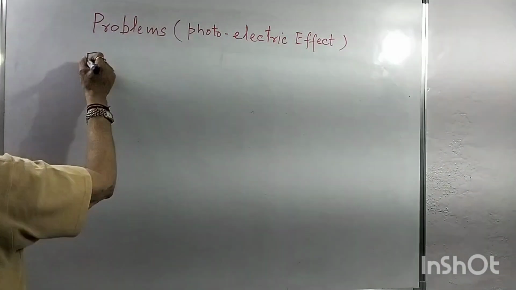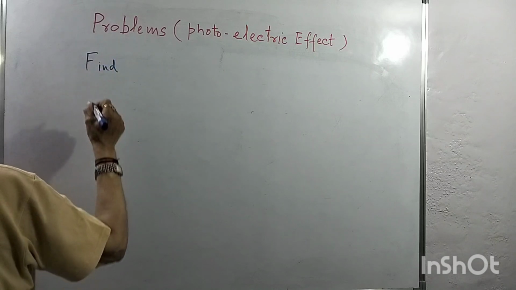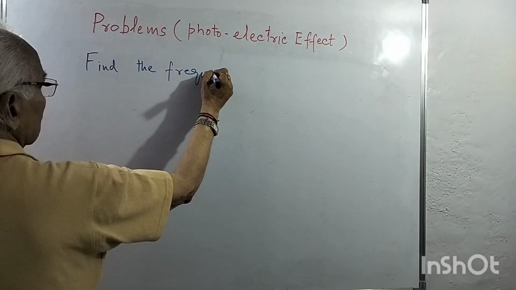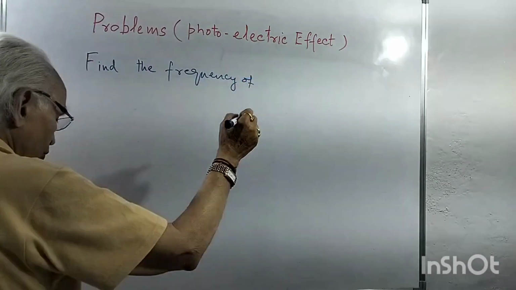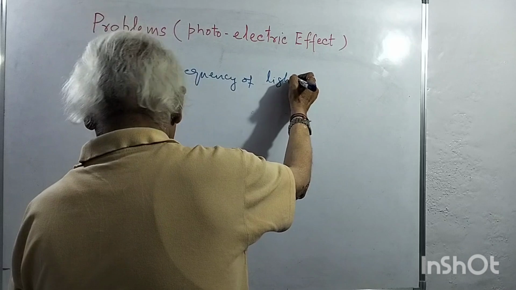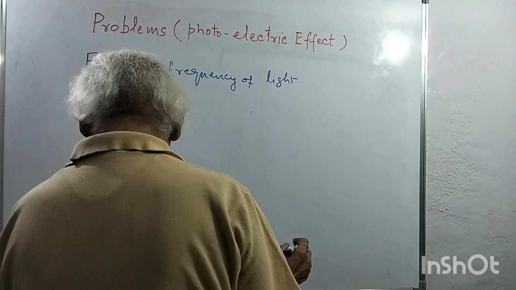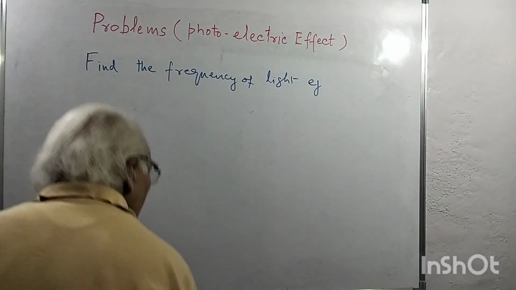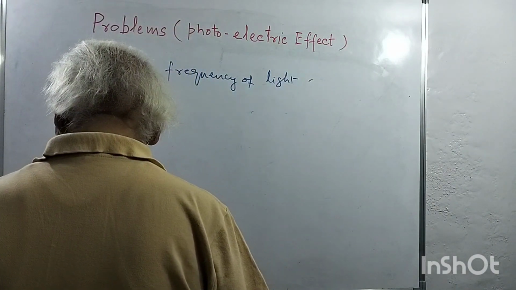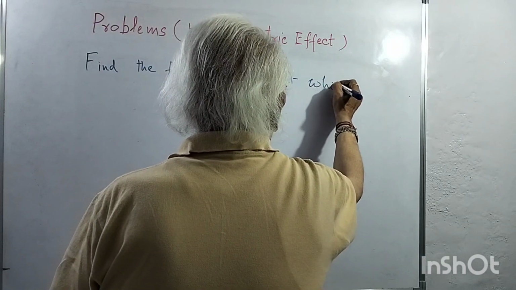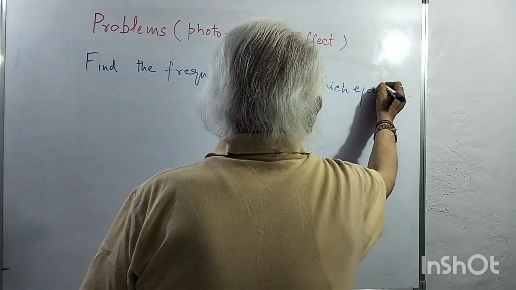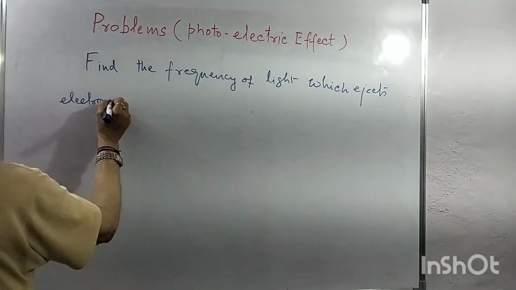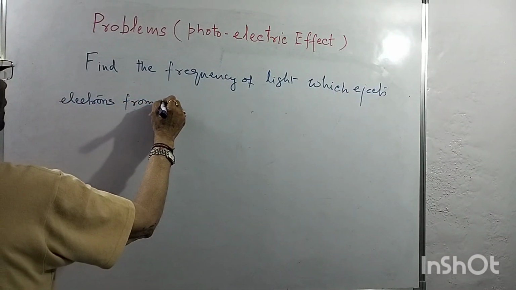Find the frequency of light which ejects electrons from a metal surface.